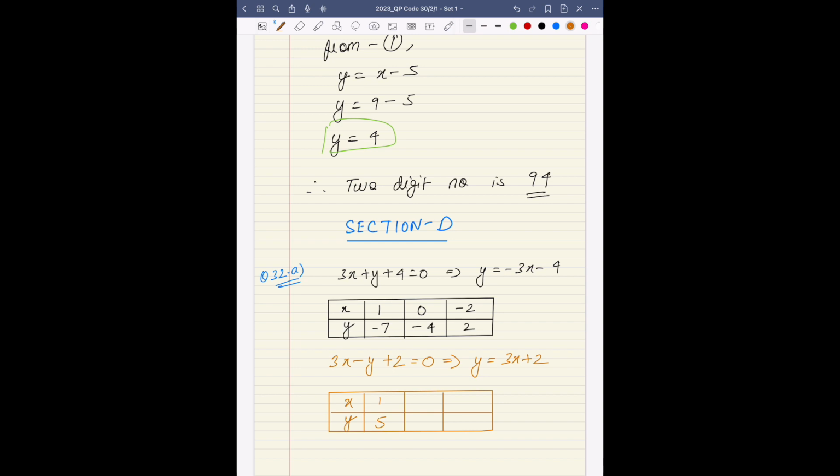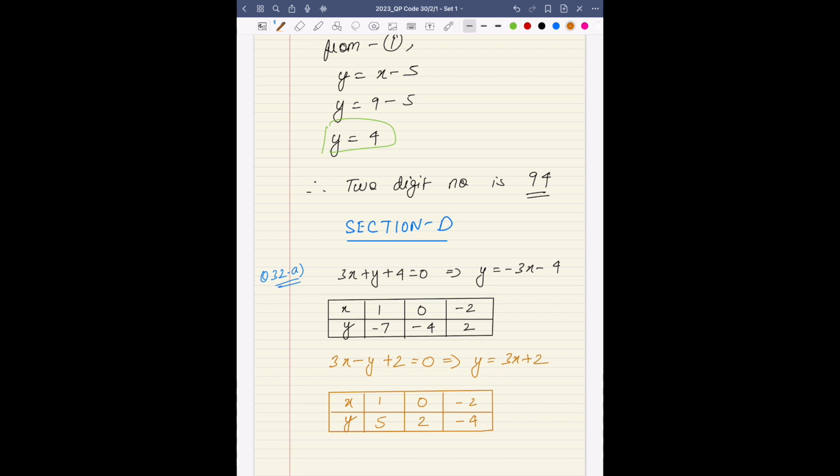When you take x as 0, you will get y as 2. And let's take x as minus 2. So 3 into minus 2 plus 2, you get minus 6 plus 2, or minus 4. So at minus 2 it is minus 4. Okay, these are the coordinates.